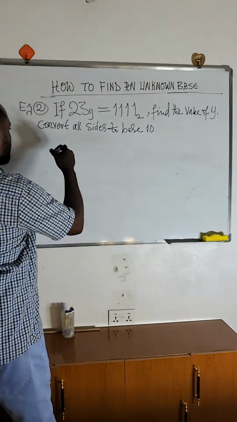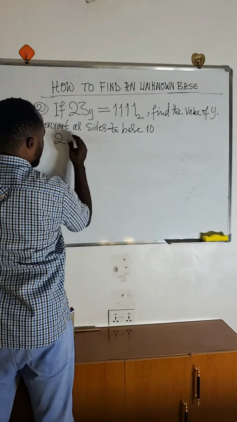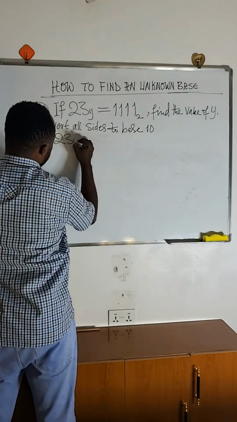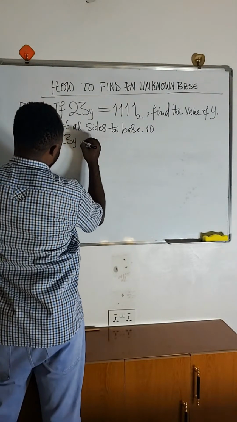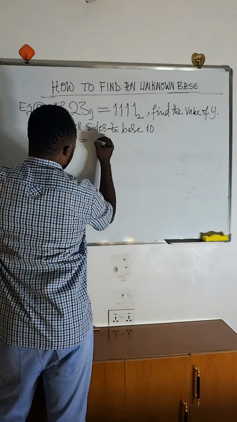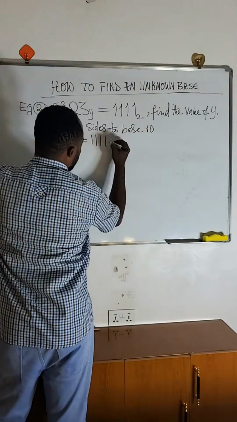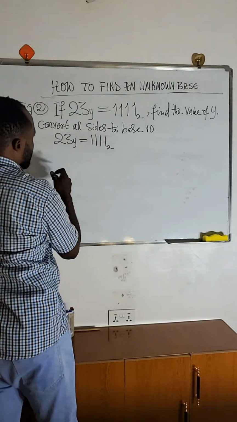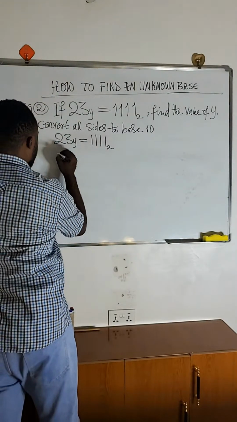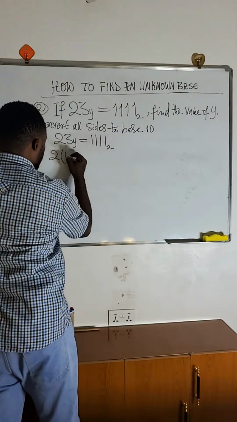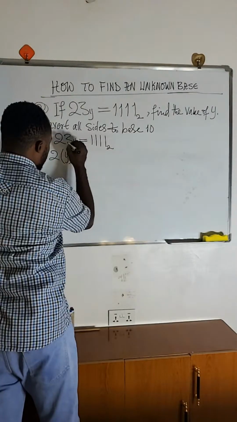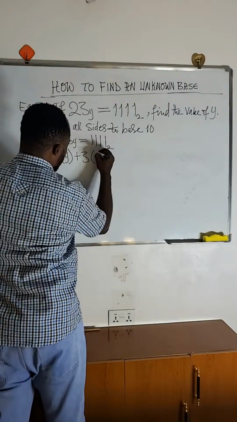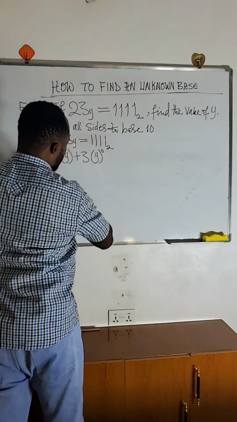So here we bring the question: 23 in base y equals 1111 in base 2. To convert this to base 10, you have 2 multiplied by y raised to power 1 plus 3 multiplied by y raised to power 0.